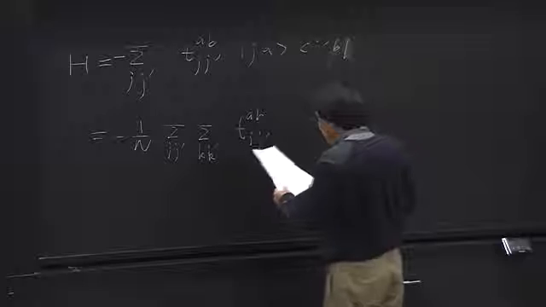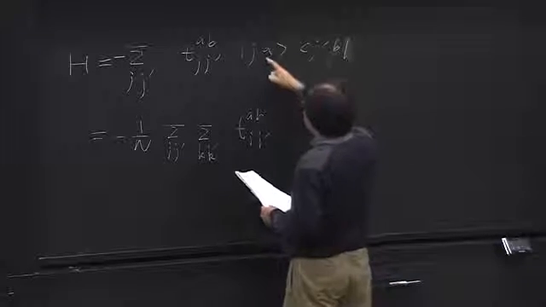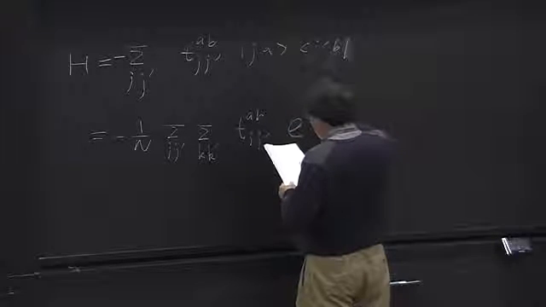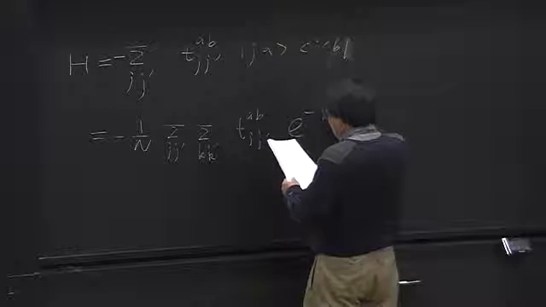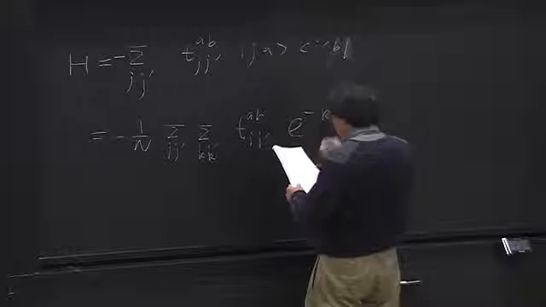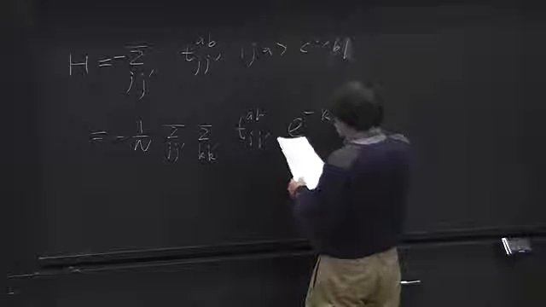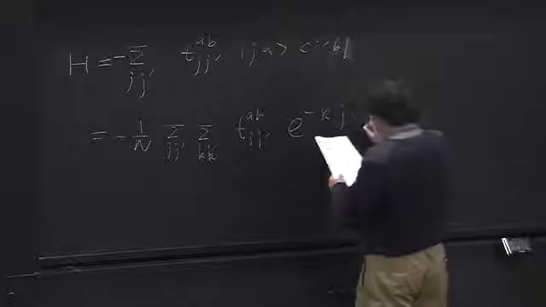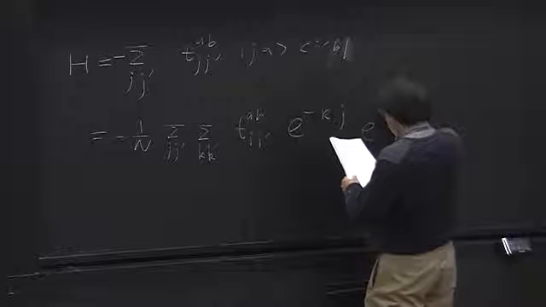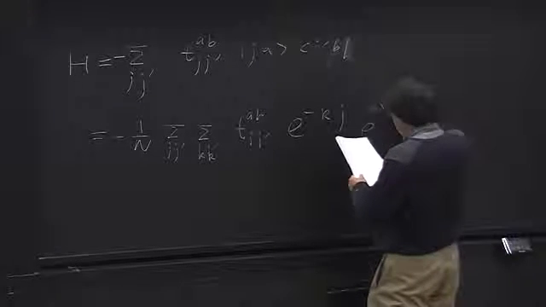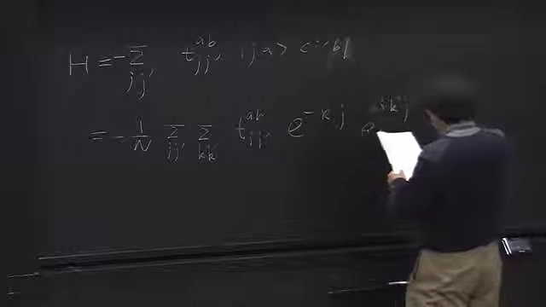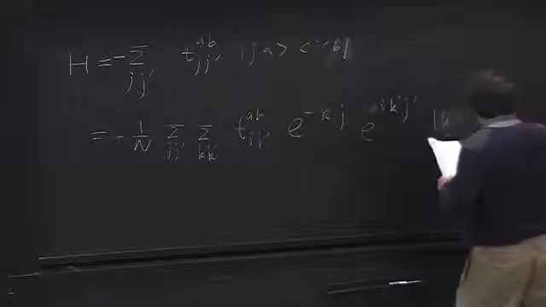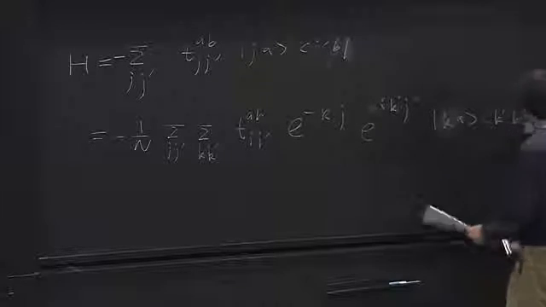Then there's a factor from here, e to the minus i k j, and e to the i k prime j prime. Then this is the |k,A> and <k prime,B|.